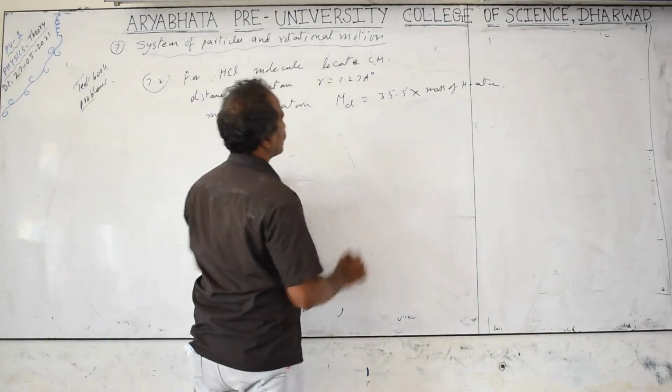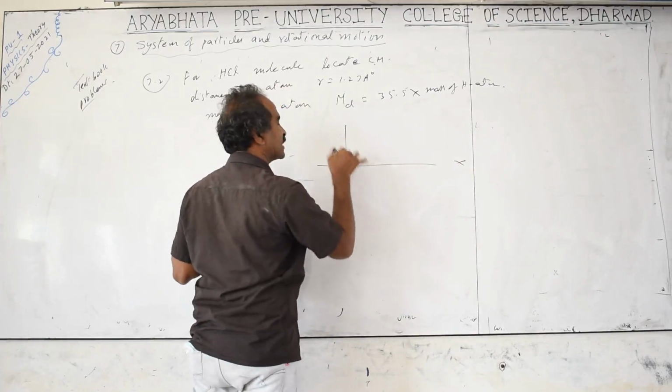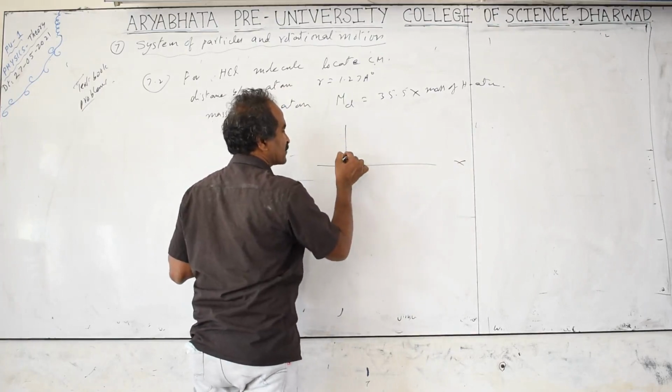If they ask from the chlorine atom, you can take that chlorine at the origin. If they ask from hydrogen, take the hydrogen at the origin. It will be easy for us for calculations.